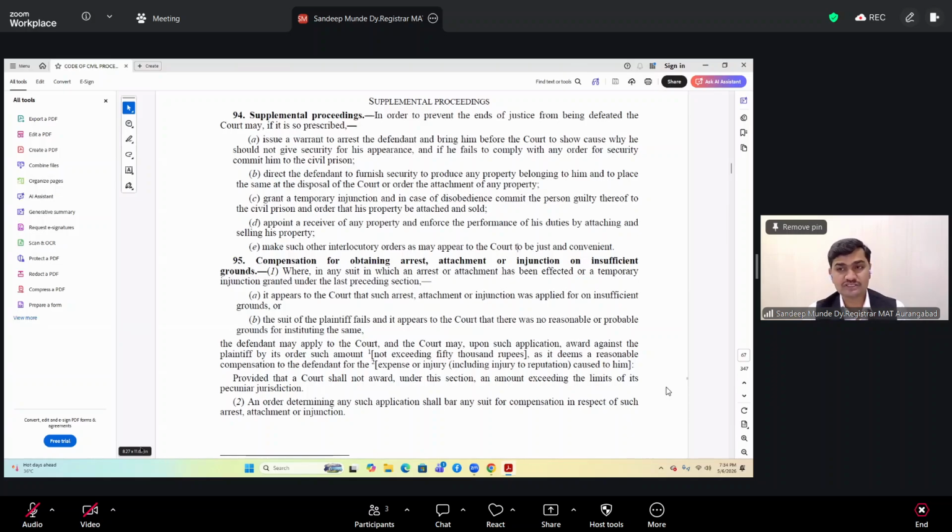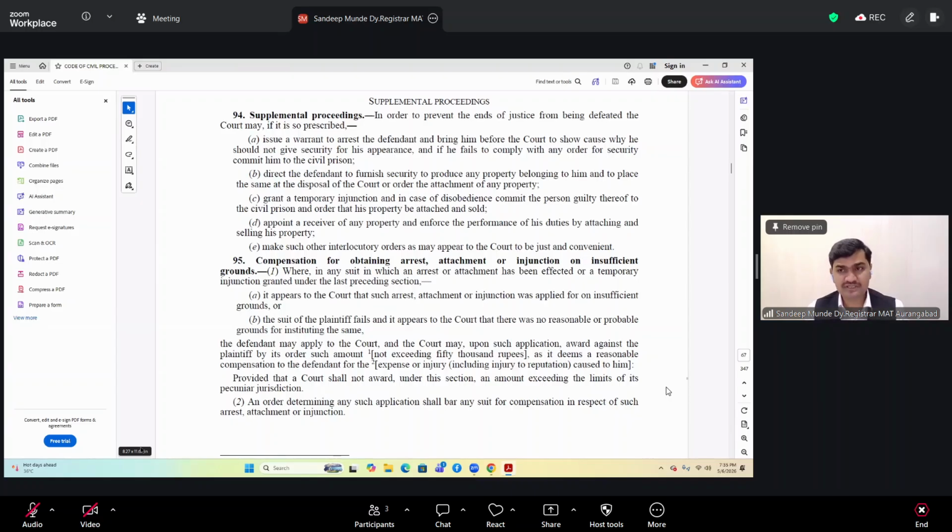Order 25 deals with security for the cost. If it is in the opinion of the court or on the basis of an application filed by the plaintiff that security is required from the defendant, the court may ask to deposit the security. If he fails to do it, the court may dismiss the suit. Then Sections 75 to 78 and Order 26 deal with the appointment of commission.